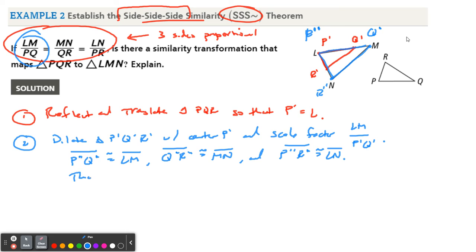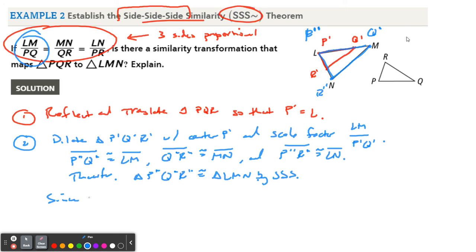Therefore, triangle P double prime, Q double prime, R double prime is going to be congruent to triangle LMN. And we have created a similarity transformation to map one triangle onto the other. They are congruent by SSS. So this establishes the SSS similarity theorem.